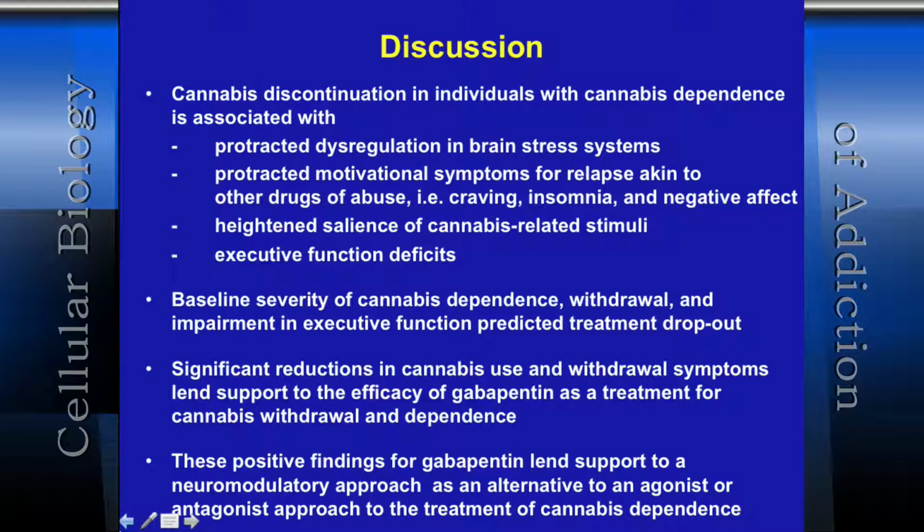And in fMRI cue-reactivity studies that I didn't show you here, we also showed heightened salience of cannabis cues relative to garden salads and houseplants, even after 28 days of abstinence in the cannabis-dependent subjects, and the executive function deficits. The baseline severity of cannabis dependence, withdrawal, and impairment in executive function predicted treatment dropout.